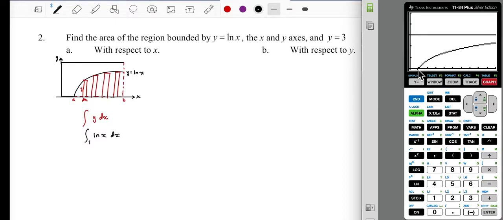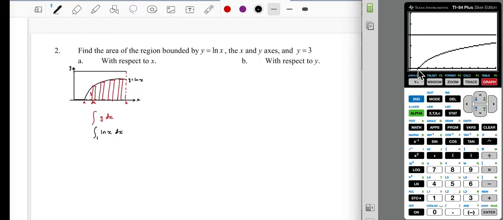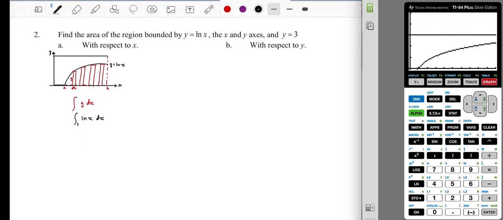So it's bounded by the x and y axes, y equals 3, and the natural log of x. It looks like we have to figure out where this thing is going to max out, and I guess the only way to do that would be to see where they eventually intersect.